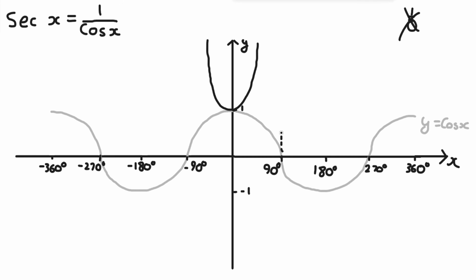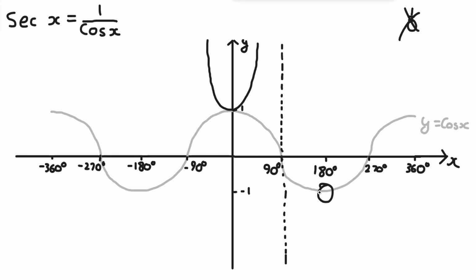So this here is going to be an asymptote, where this graph of sec of x never meets this line here, and there is no value for sec of x where x is equal to 90 degrees like this. And basically this shape here is repeated for all the other parts.